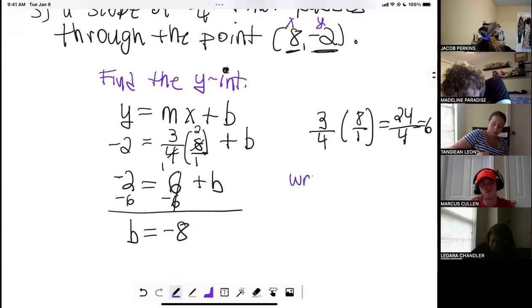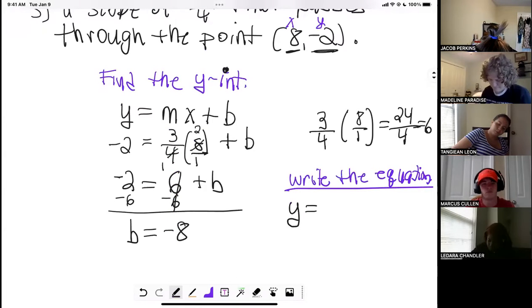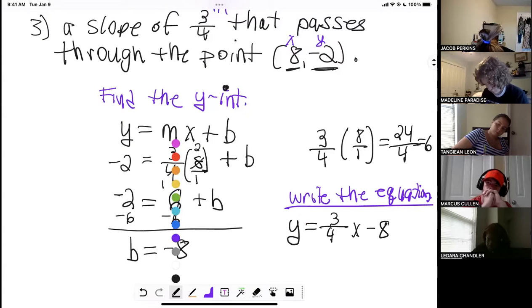Now we write the equation of our line. So y is equal to, the slope was 3/4, x, and my B was -8. And that would be my equation of the line.